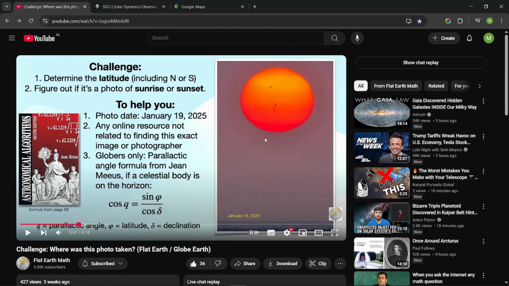So if we calculate the angular size of the sun here, count the number of pixels, then we can figure out how many arc minutes for each pixel, and then we can measure the number of pixels from the horizon to the bottom limb here, and the number of pixels from the horizon to the top limb, and we can then take that angular measure.